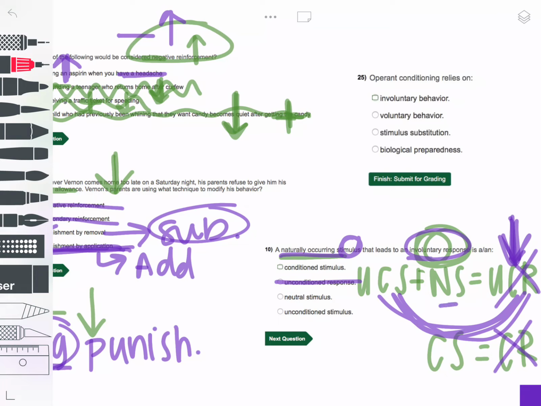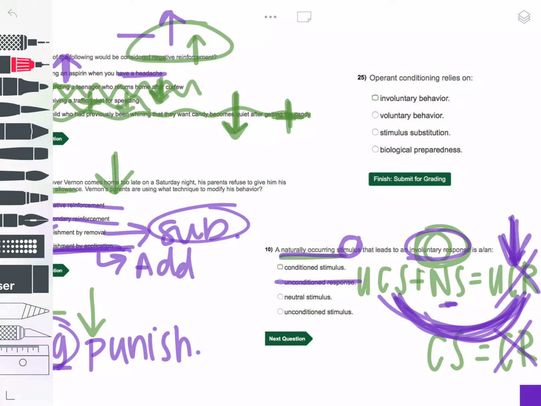This in here, keep in mind, means neutral. It's a neutral stimulus. These two things here have that natural relationship. So neutral's in the middle, and these have that natural relationship. Try not to get those confused as best as possible.